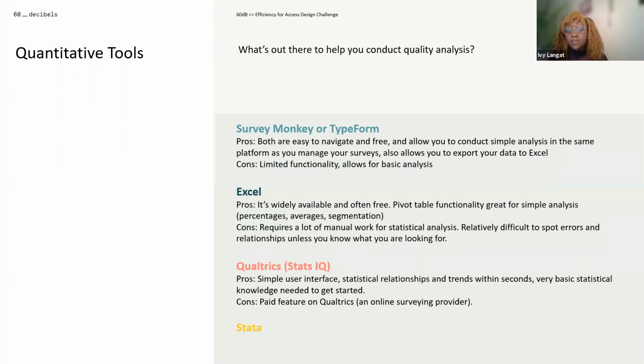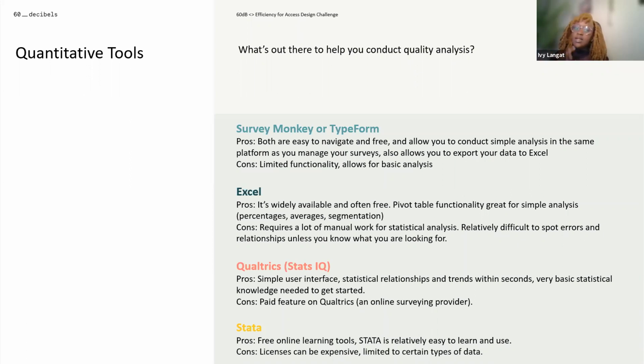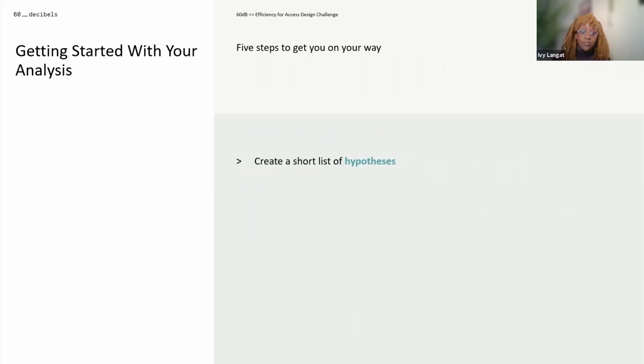Some of these tools are free, some of them you have to pay a bit for, and determining the type of tool to use will be dependent on your budget, and how much time and knowledge you have around analyzing data in the first place. So I'll share more details on this with the notes later.